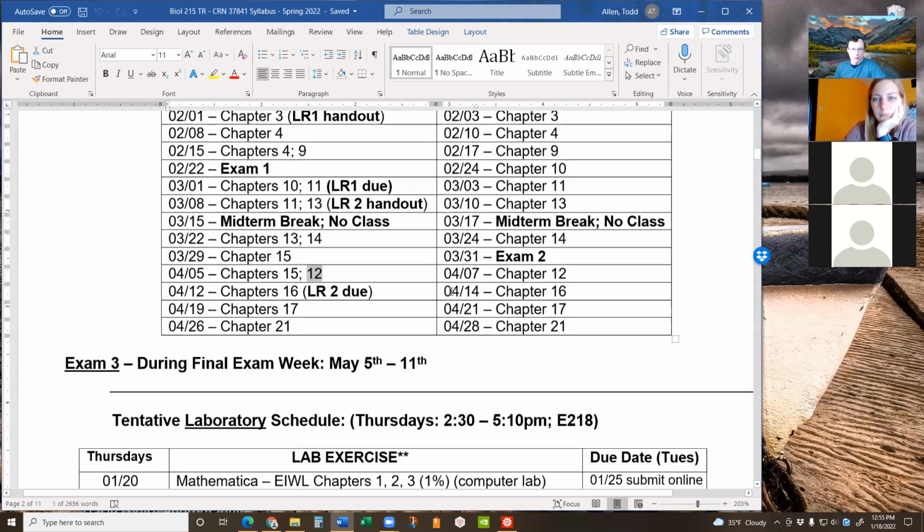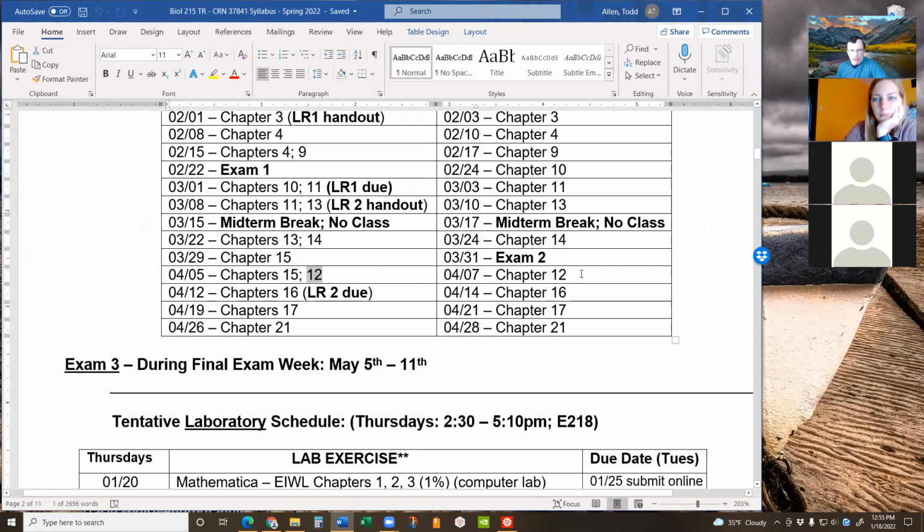So if you have your syllabus available, please take a look at April 5th and April 7th, because on your version of the syllabus from last Monday, I would have had April 5th, chapters 15 and 16. 16 was incorrect in that position. It should be chapter 12. April 5th is chapters 15 and 12. April 7th is chapter 12.